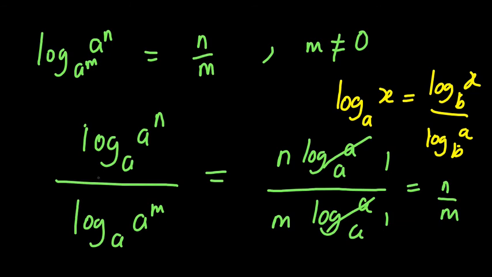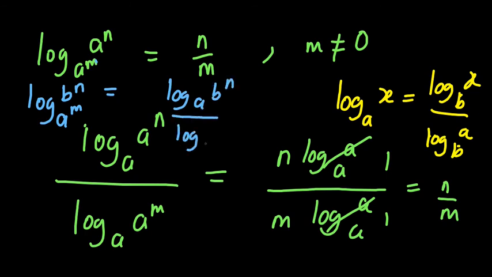What I was trying to say is, if it was log base a to the power m, and here we had b to the n, like if it was b instead of a, so they are not the same, then our result won't be the same. It would have been log a of b to the power n over log a of a to the power m.